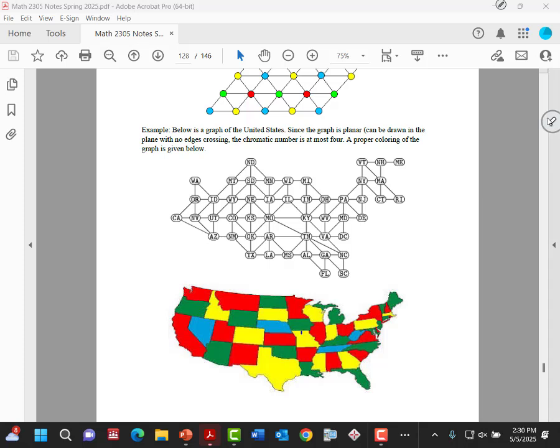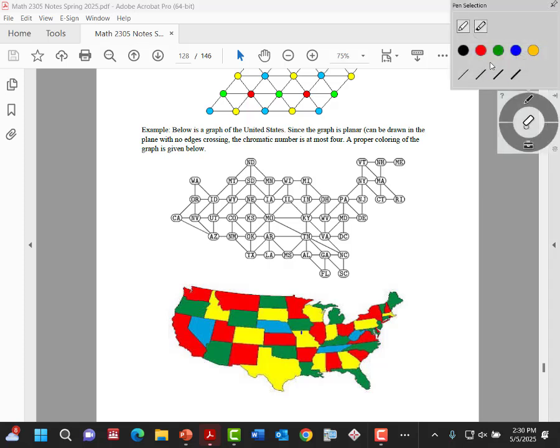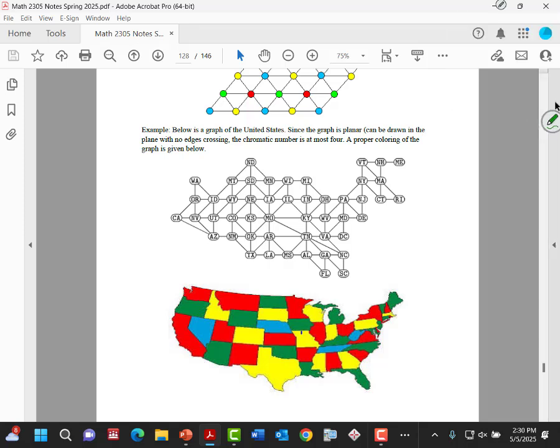So I'm going to color this as follows. Down here, I have the actual map of the United States, but as a graph, I have it right here above. So let's color as follows.